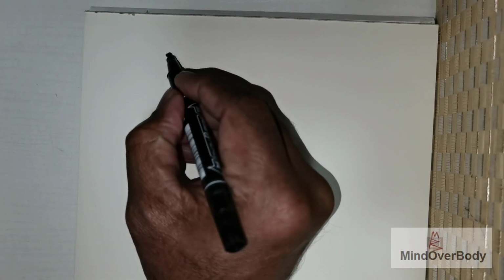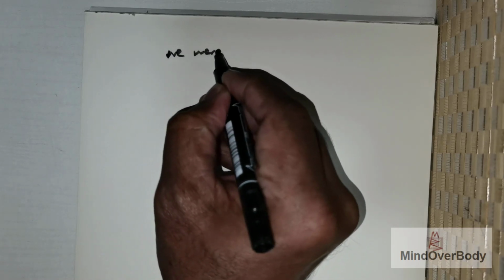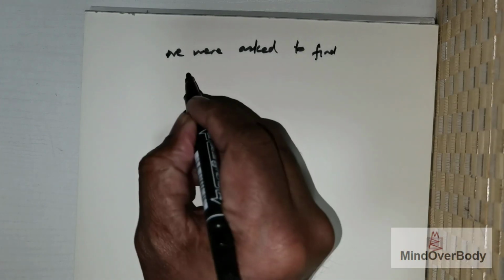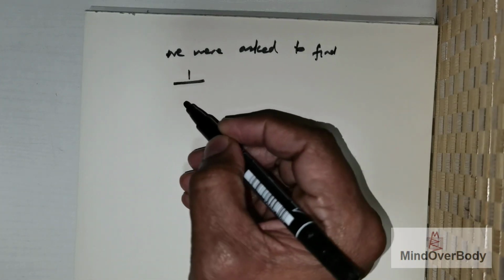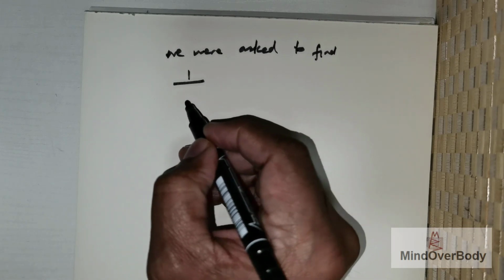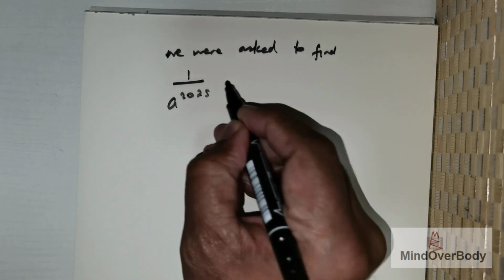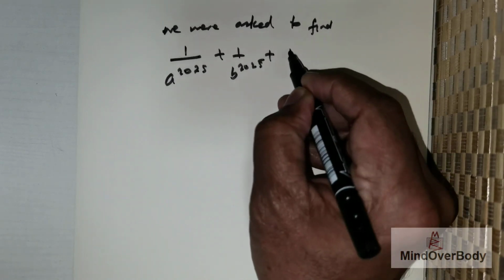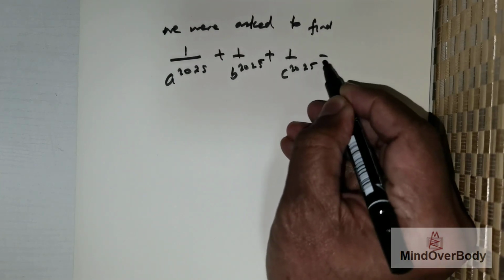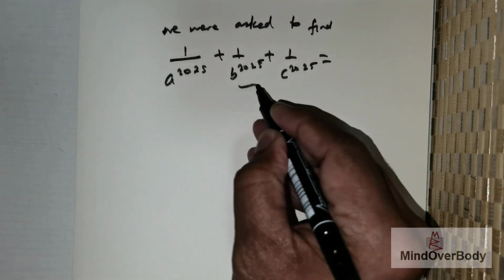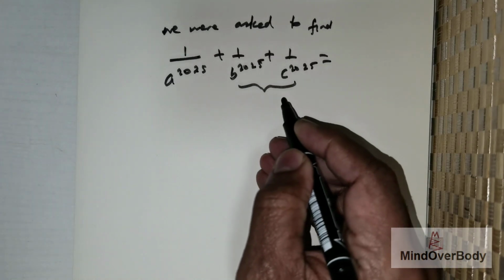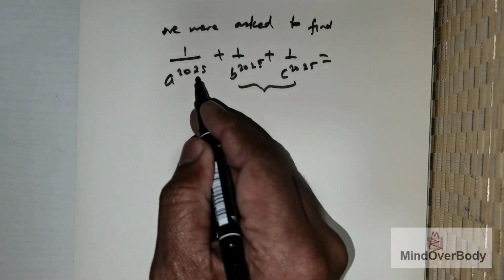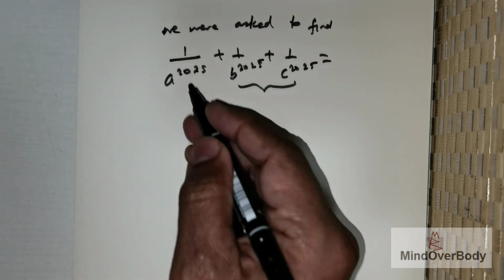This would mean that we were asked to find the value of 1/A^2025 + 1/B^2025 + 1/C^2025. We are asked to get this, but the last two terms sum to 0. So this would mean I need to get the value of 1/A^2025. This is the only value that I need to get.